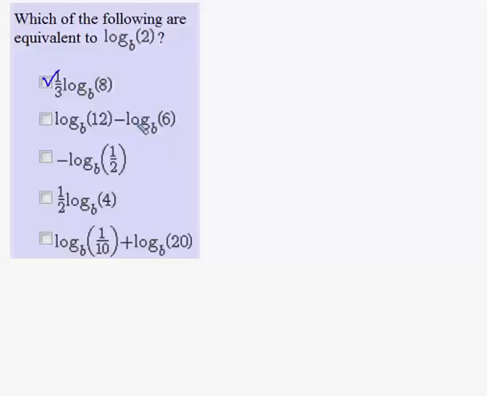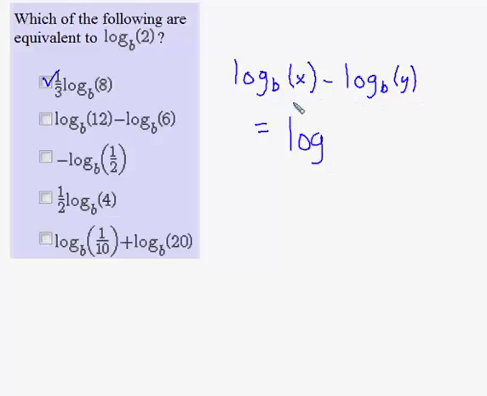The second one here does not necessitate that you know an exponent rule, however, that you know that if you have the difference of two logs, provided they have the same base b, of two quantities, not necessarily the same, x and y, that it can be written as a single logarithm of that same base, provided you take the inputs of the previous logarithms and divide them to form a quotient.